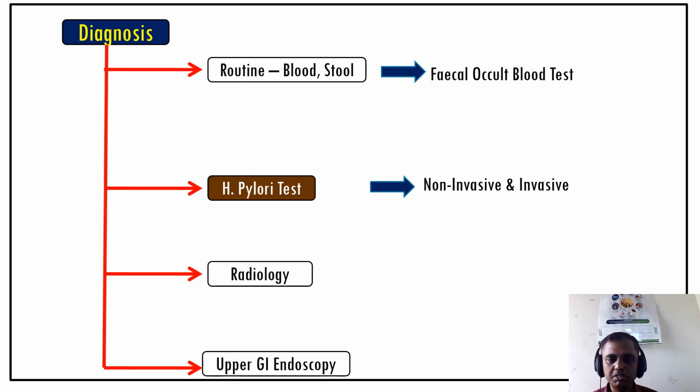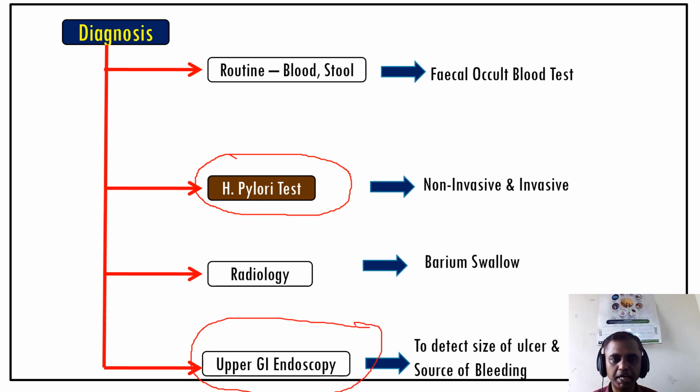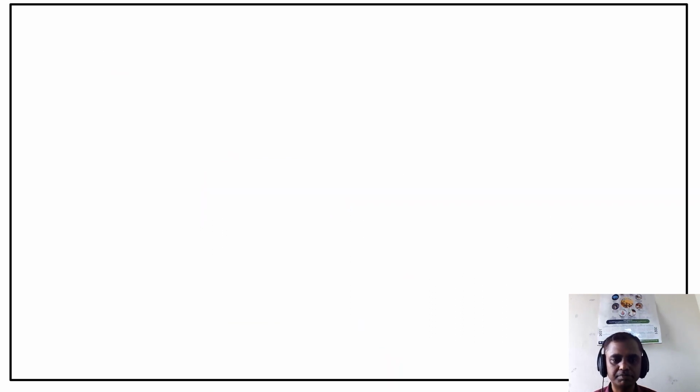H. pylori can be tested by non-invasive and invasive methods. Radiology is the barium swallow X-ray, and upper GI endoscopy can detect the size of the ulcer and the source of the bleeding. So the very important things to remember here are 2 investigations: the H. pylori test as well as upper GI endoscopy, which are able to diagnose peptic ulcer.